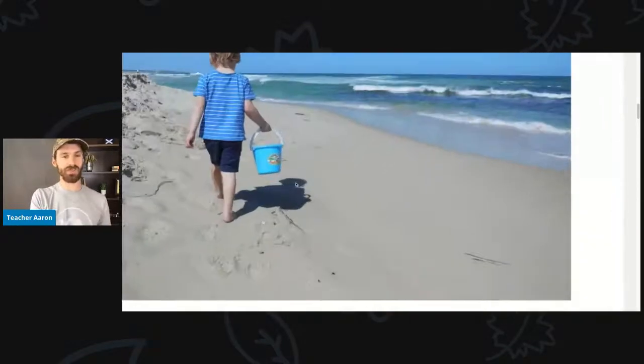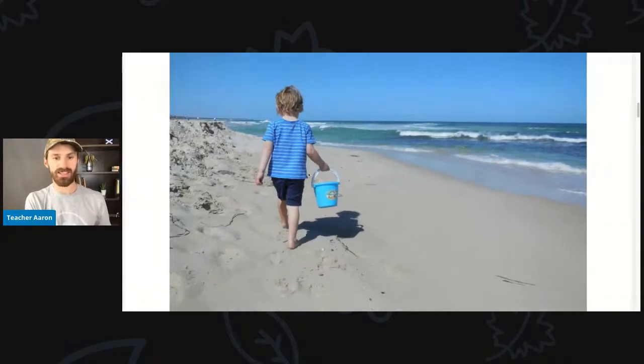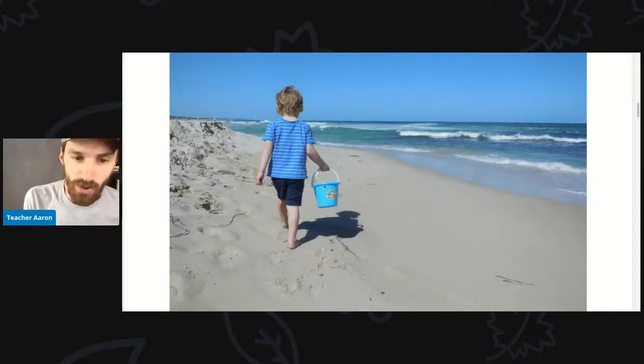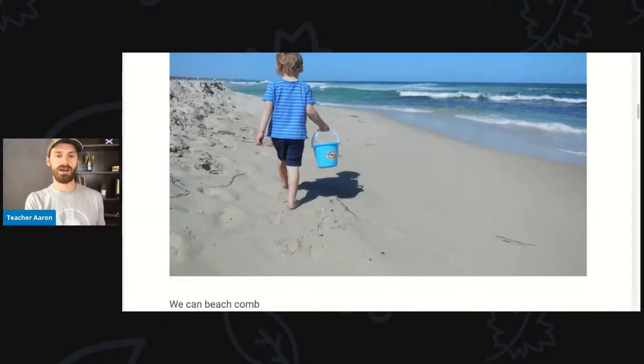And in this picture, we have a young boy in a blue shirt. He's walking along the beach and he is carrying a bucket, okay, a blue bucket, or some people might call it a pail, a blue pail. And we use buckets on the beach to collect things. Maybe you collect shells.